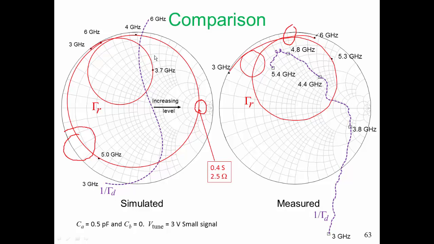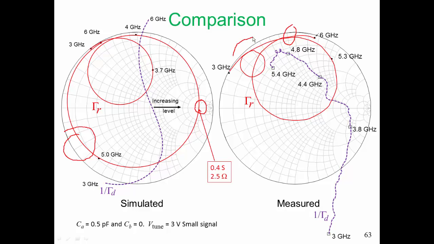Another thing you will notice is that it looks as though the whole curve, the gamma R curve, has been rotated a little bit as we increase with frequency. Well, the result of this is that we did a correction that was valid, reasonably valid anyway, at 5 gigahertz by rotating the raw measurements back by 126 degrees.